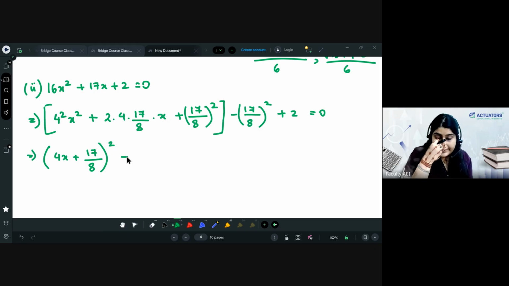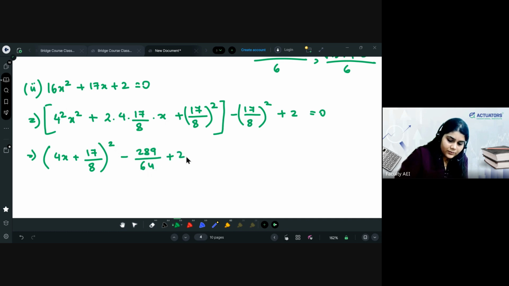Seventeen square 289, and 8 square is 64. कितना आ रहा है कांस्टेंट? 64 64 128, 289 and 128 161.